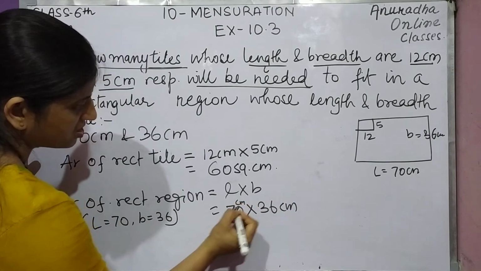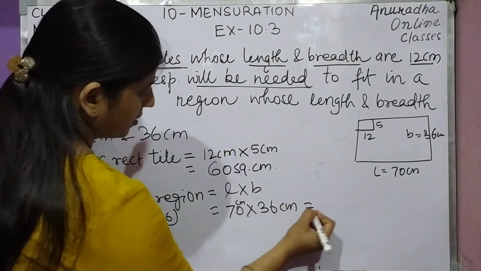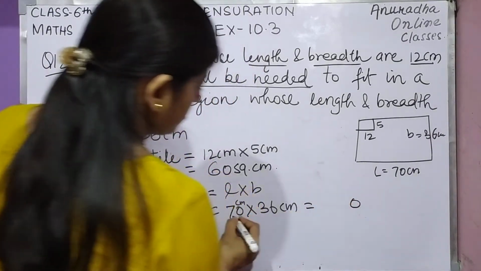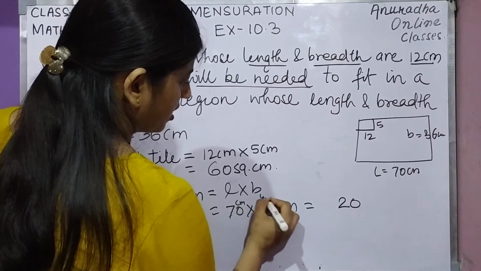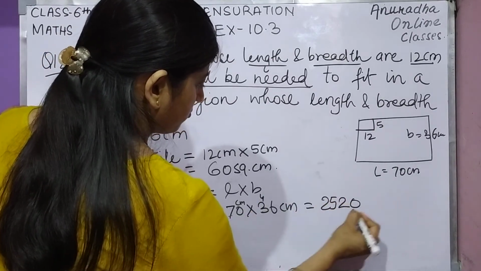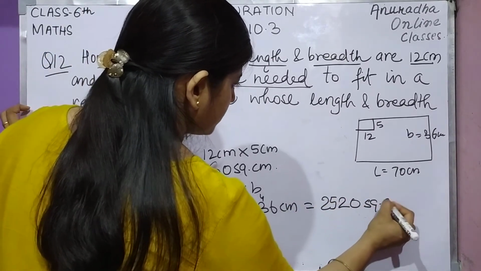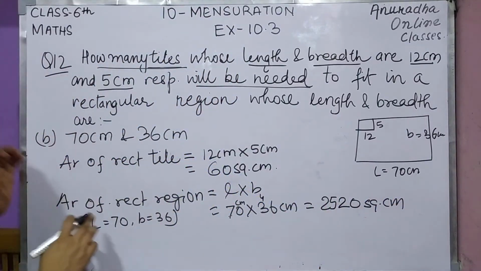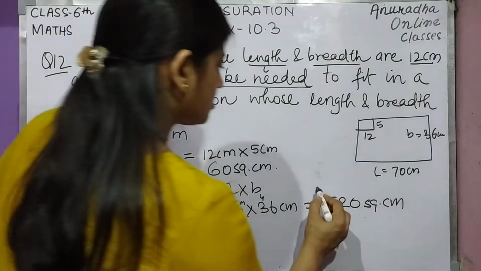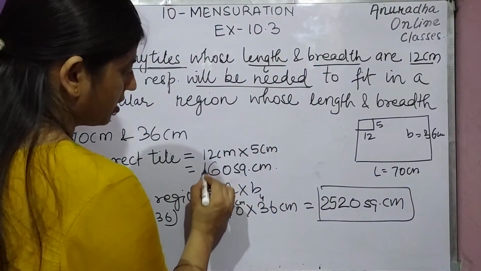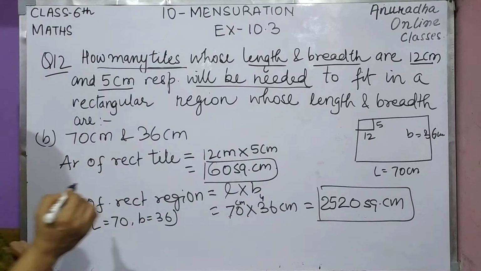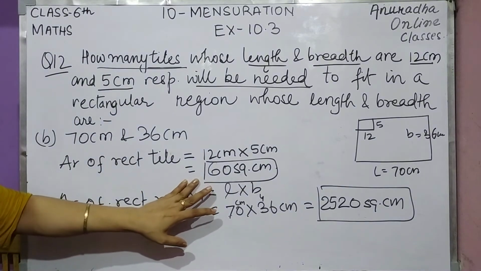So it will be 0, 7 6s are 42, 2, 7 3s are 21, 25 square centimeter. So what is the area of rectangular region? This is 2520 square centimeter, and area of tile we know.